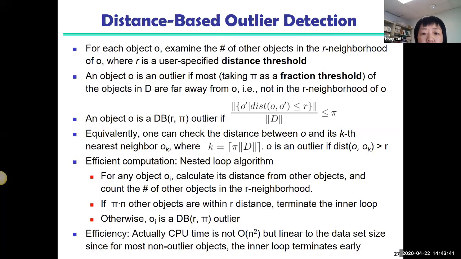So a bit of definition. We have a set of parameters here. In this distance-based outlier detection, we need to define this user-supplied threshold, R. R is the neighborhood of O. And also we need another threshold, pi.